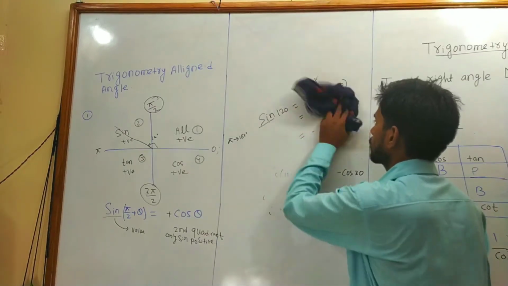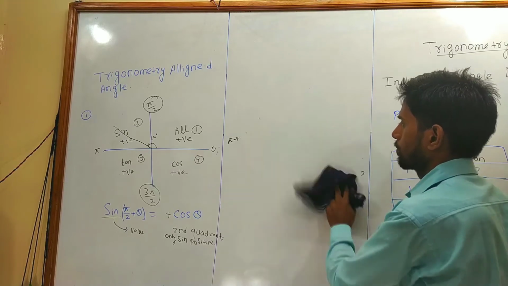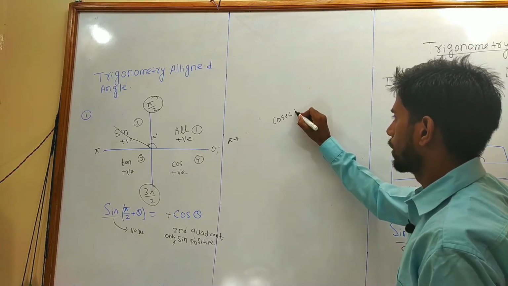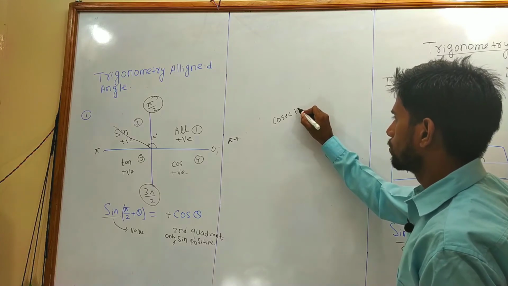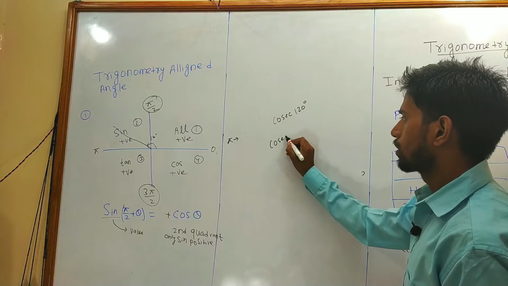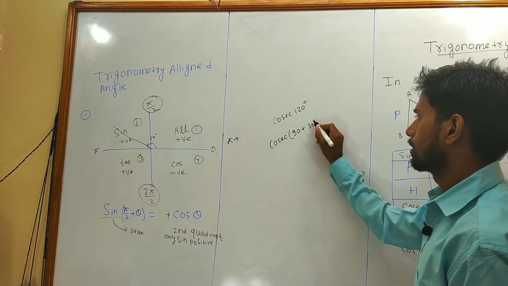Similarly, if I am going to ask you what is the value of cosec 120 degree? Similarly, we can write cosec 90 plus 30.